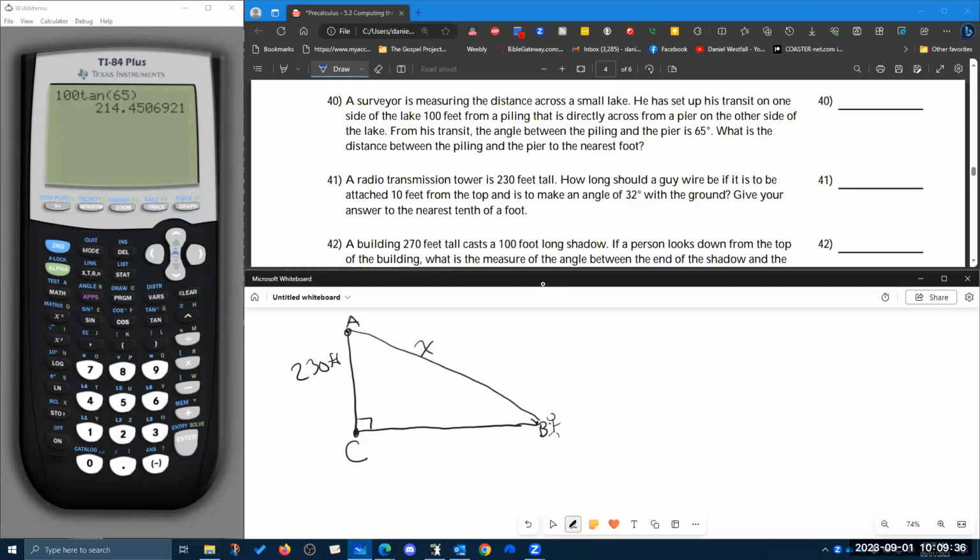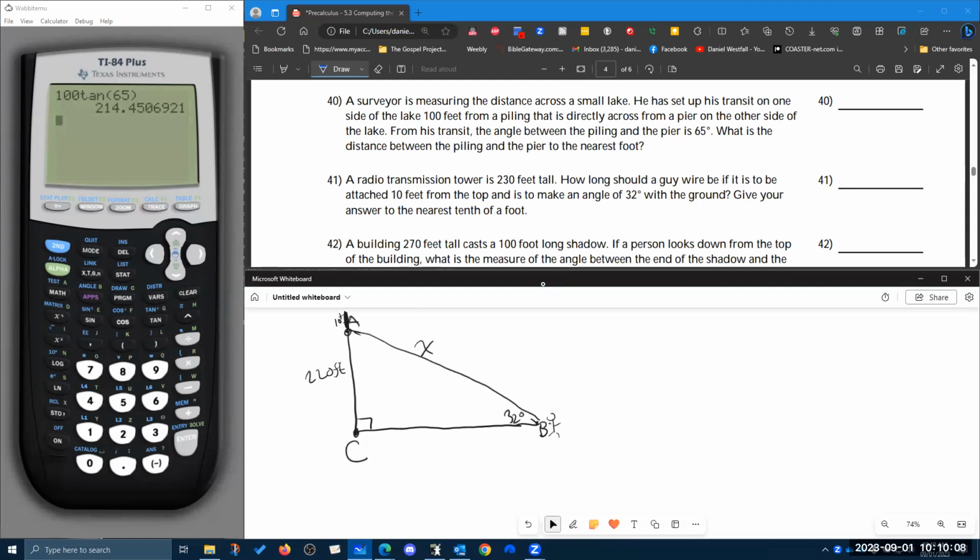If it is attached 10 feet from the top, have a look at the extra here: this is 10 feet, so there's 220 feet down here, 10 feet up here, and we want it to make an angle of 32 degrees with the ground.